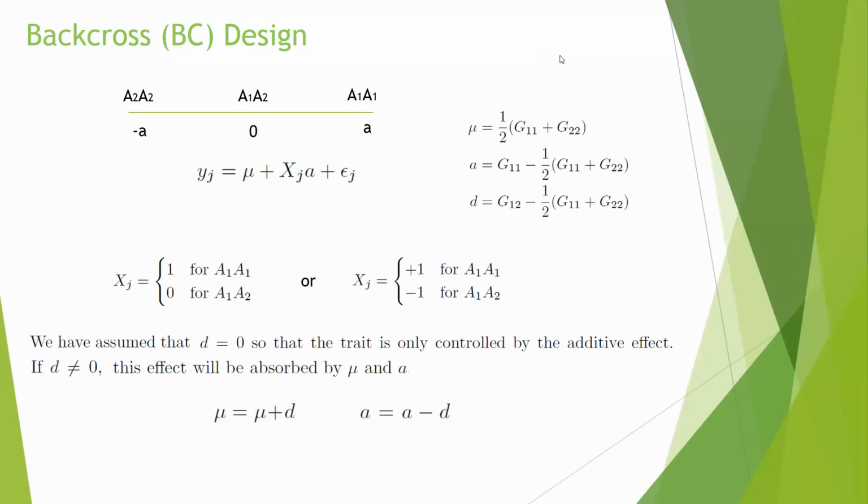In a backcross, we don't use W. Why? Because let's look at here. This is how we define the midpoint, additive effects, and the dominant effects. We know the midpoint is the average of these two phenotypes, the additive effect is the difference between the first phenotype and the midpoint, and dominance is the difference between the heterozygous phenotype and the midpoint.